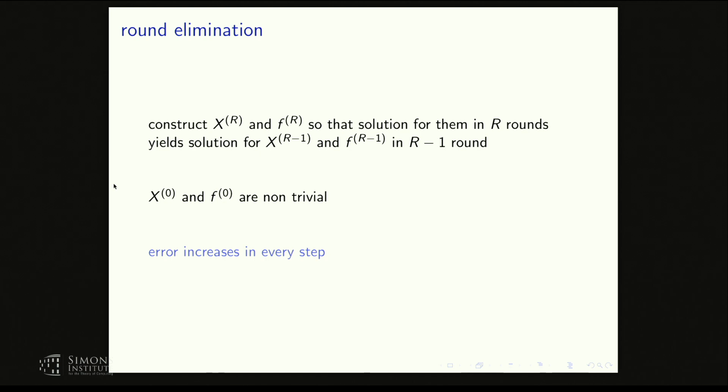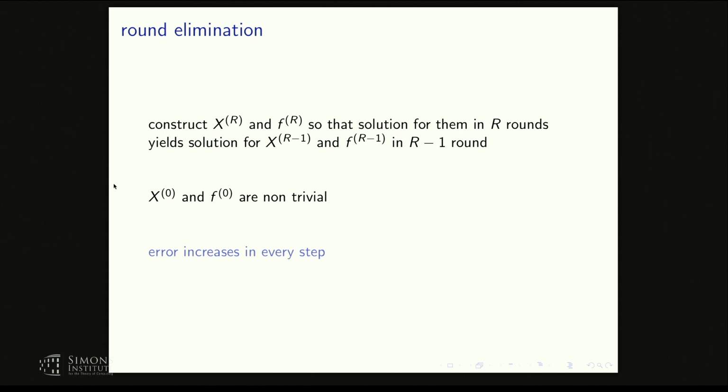And then after we do this R times, we reach X0 and F0, which are supposedly solved without any rounds of anything. And this should be impossible, because they are somehow non-trivial for the model we are interested in. So this is the round elimination idea.